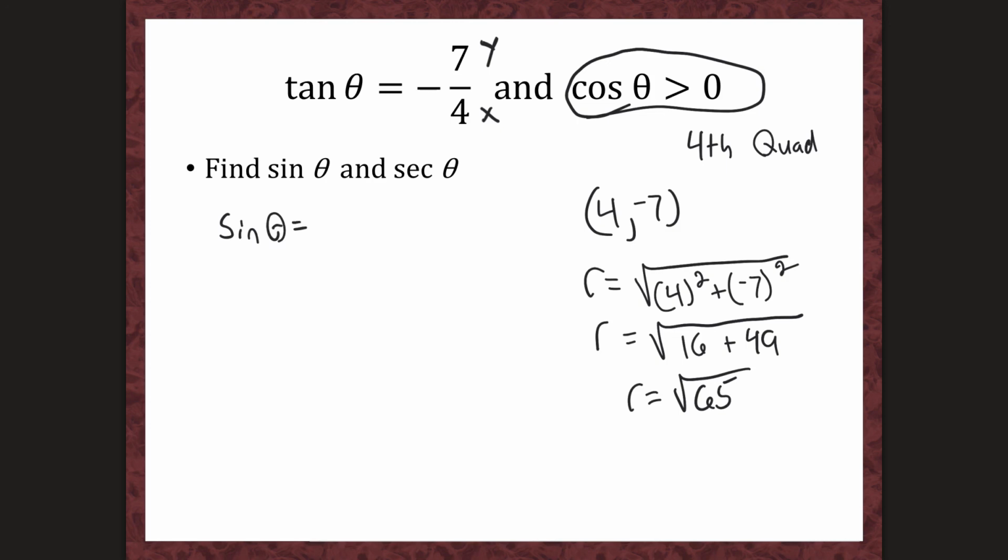Now, if you remember back a couple of minutes, the sine of theta would be y over the r value. And so y is negative 7, and our r value is the square root of 65. So I will rationalize that.